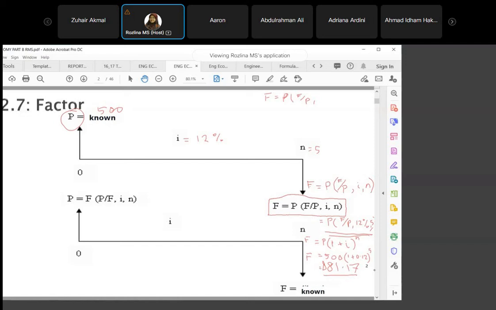All my students, kawan-kawan sudah lama, so you know how I will use the table, just write on the table je. Tapi hari ni tak set up lagi benda tu, susah. So F over P, I ialah 12%.